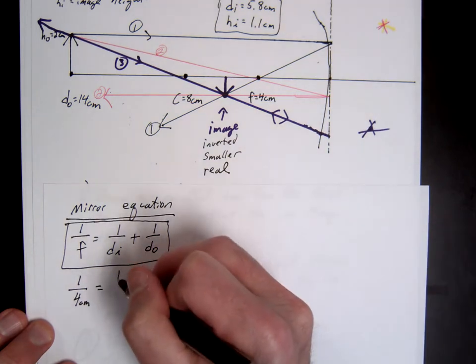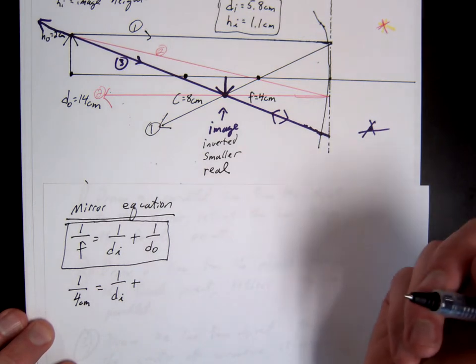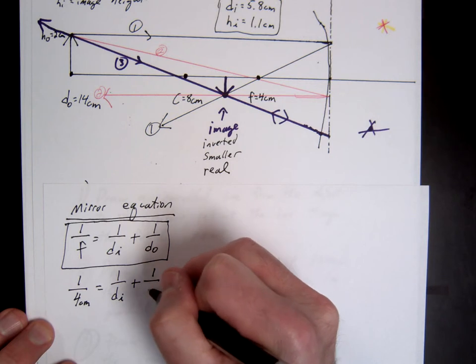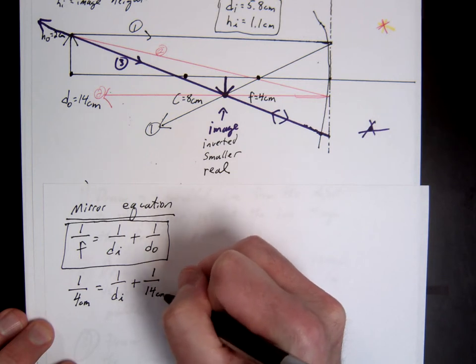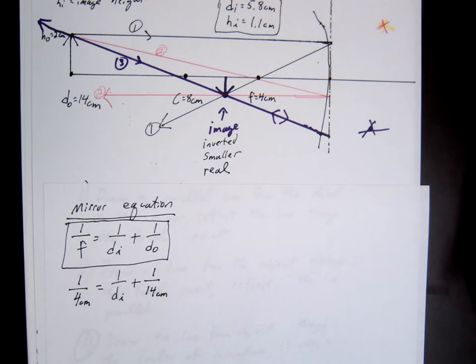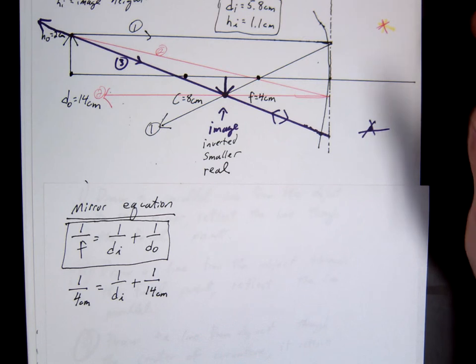Let's find out what di we should have got. If you don't have your calculators out, go ahead and pull them out now. My do was 14. Now if all your units are in centimeters, you can go ahead and keep them in centimeters. If you want to convert them, that's fine too. I'm just going to write my answer in terms of centimeters.